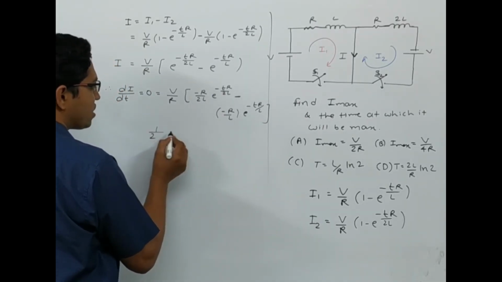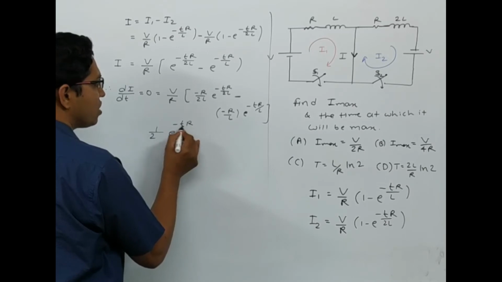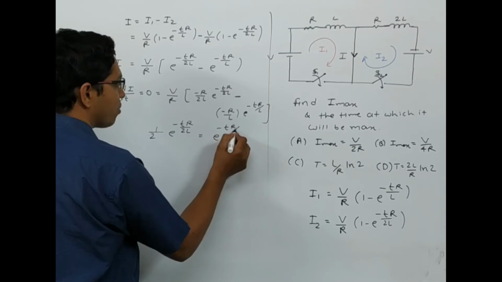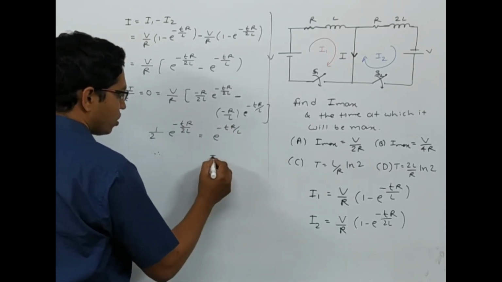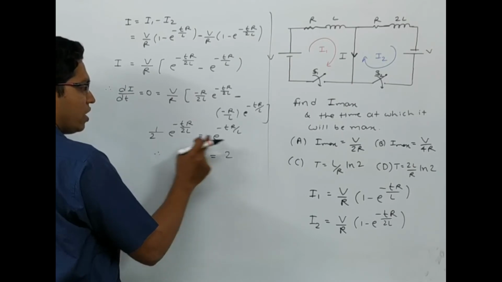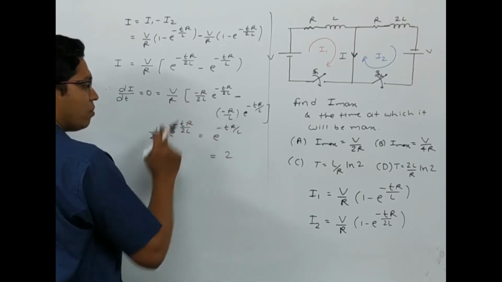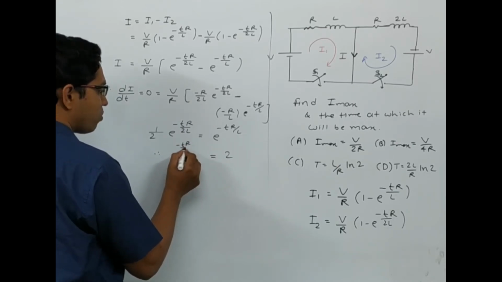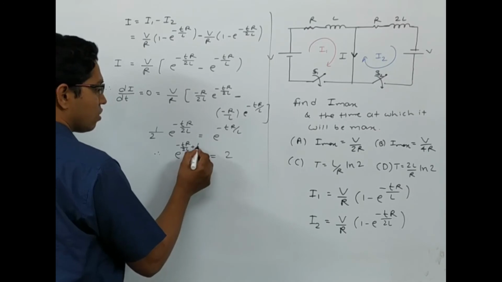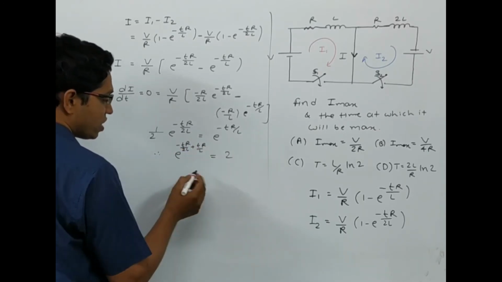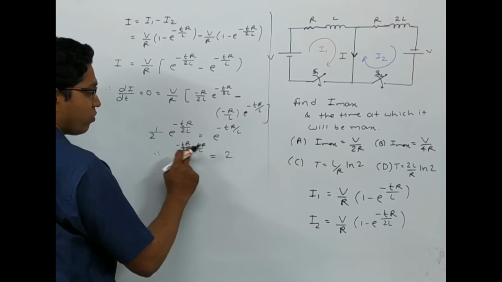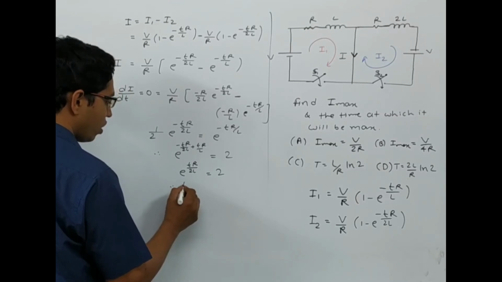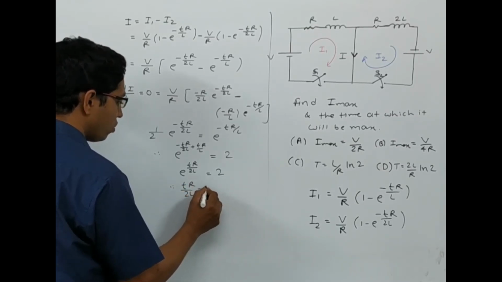Ultimately I get 1 by 2 e raised to power minus tR by 2L equal to e raised to power minus tR by L. Therefore 2 equals e raised to power minus tR by 2L plus tR by L, which further gives e raised to power tR by 2L equal to 2, therefore tR by 2L equals ln 2.